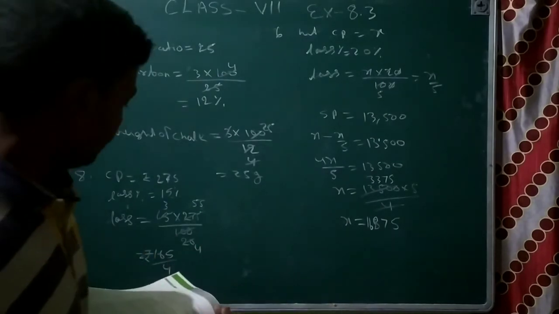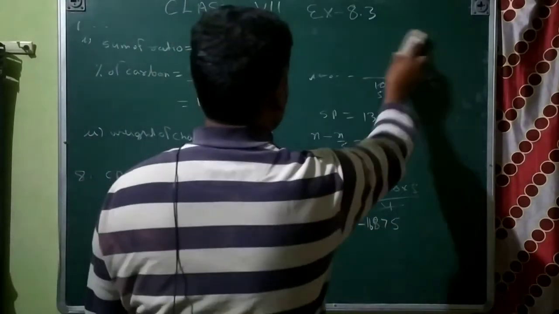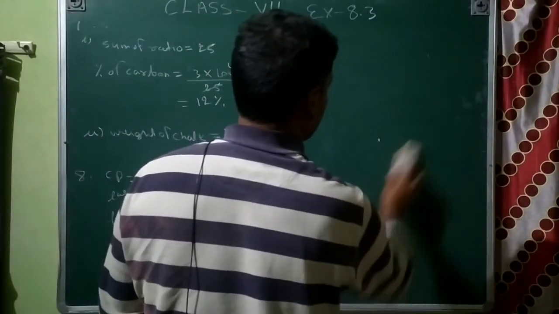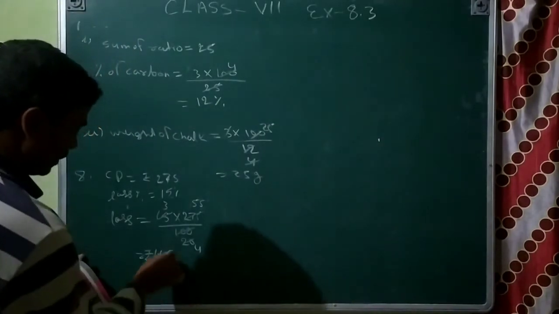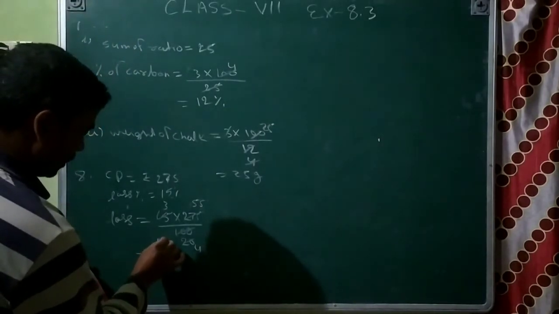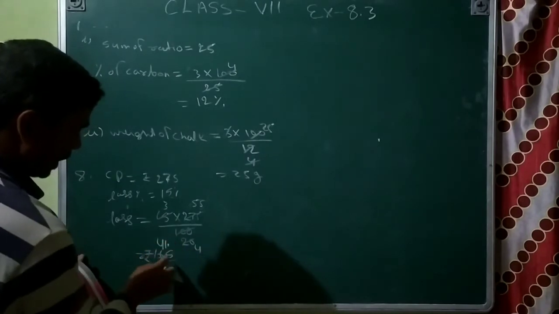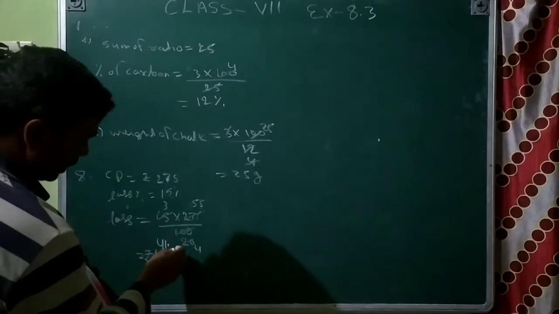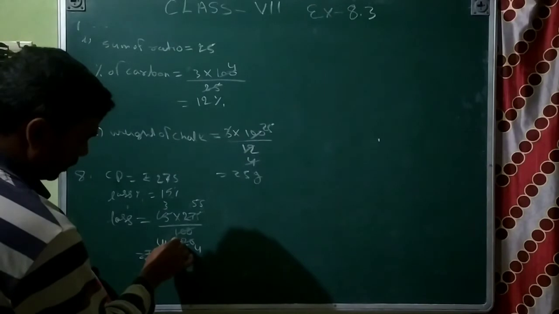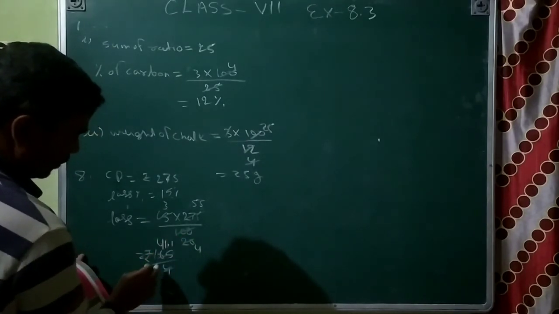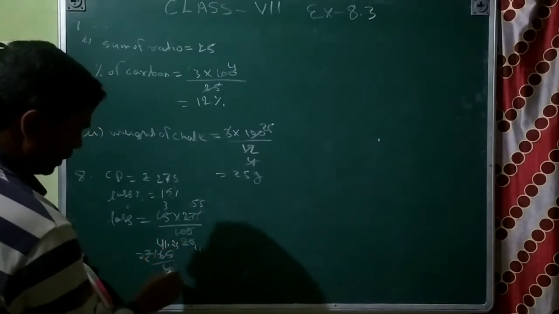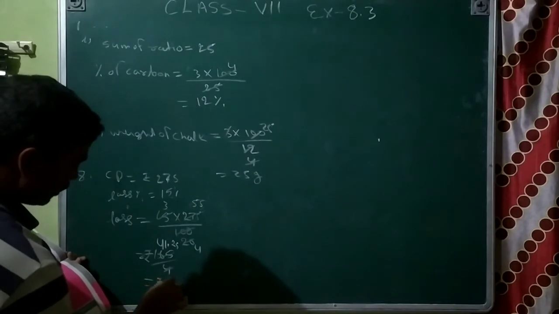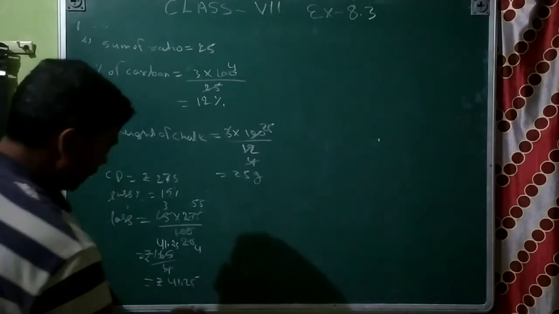So 4 4s are 16, 4 1s are 4, and then 1 left, so that 4 1s are 4, 4 2s are 8, 4 5s are 20, that is rupees 41.25.